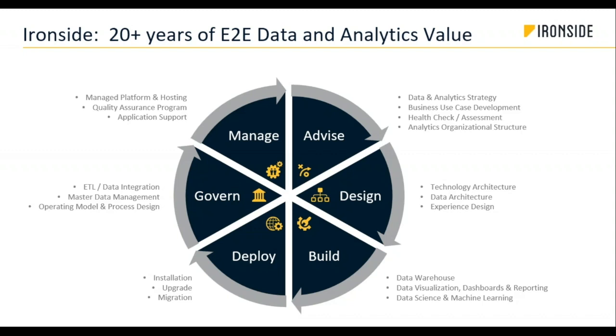So today we'll be talking about that advise wedge of the wheel, but AI is one of those practices that really goes across every one of these capabilities. We help to design, build, deploy, govern, and manage AI assets. But we also have experience in these same capabilities across building, visualizations, warehouses, etc.